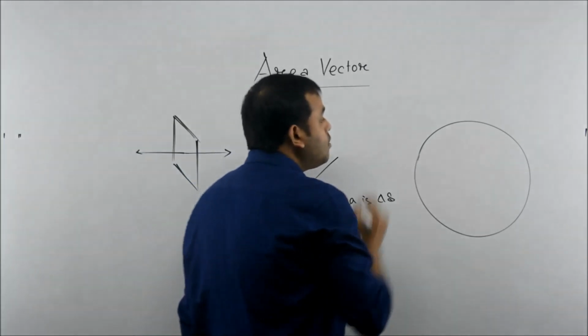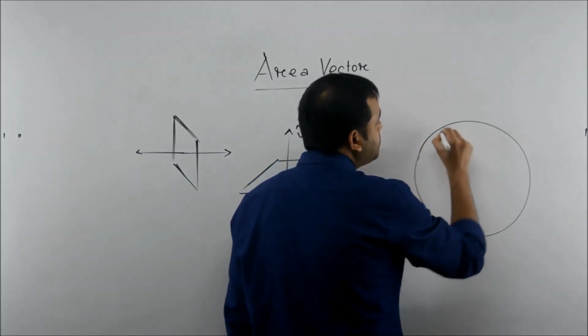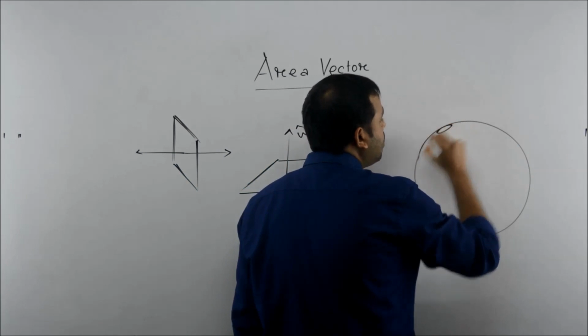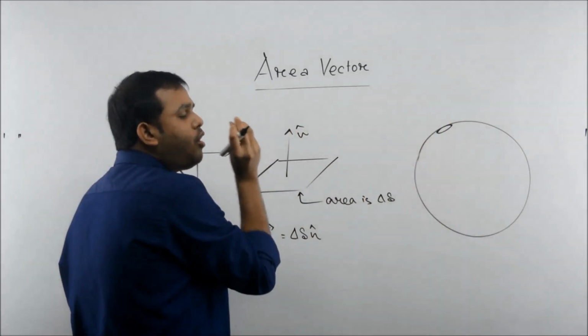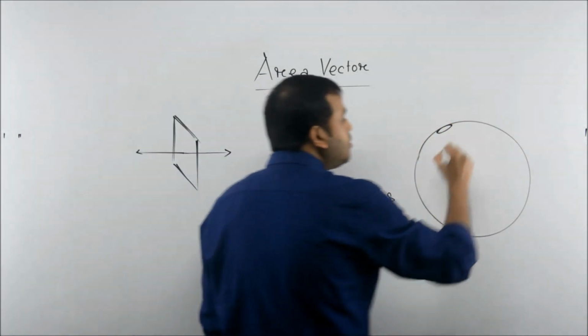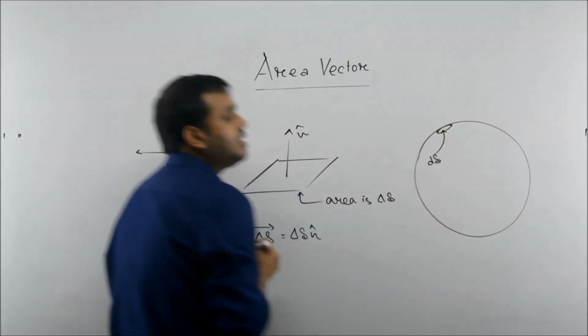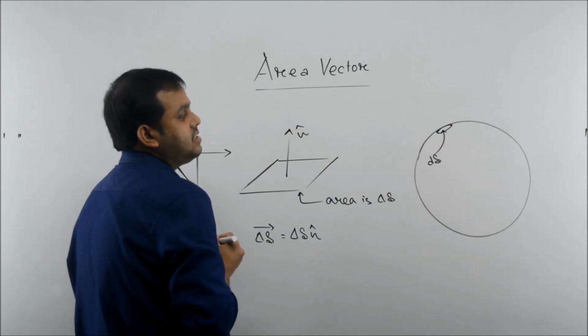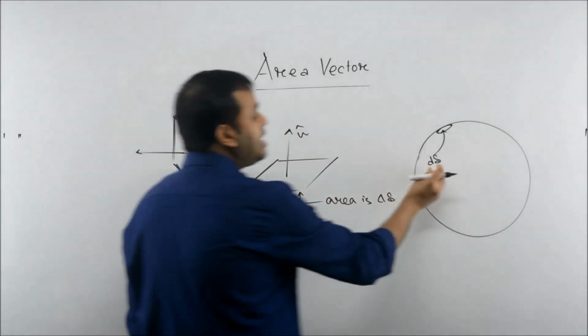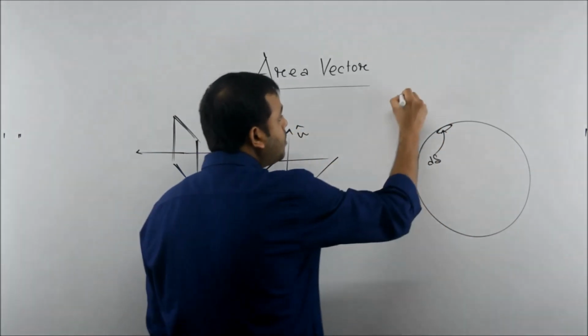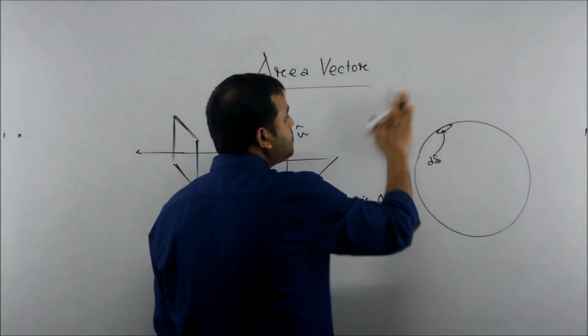So we will take a small area, or you can say a small element. Its area is ds. A very small element whose area is ds. Now what is ds vector?